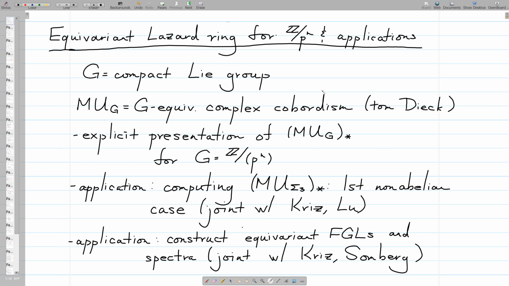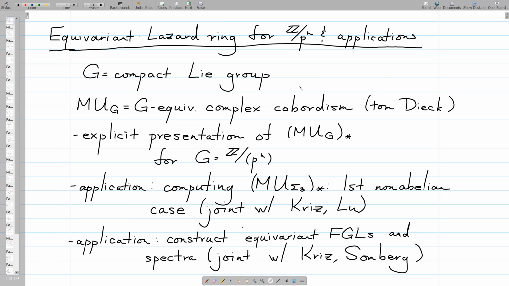I didn't write it down on the slide, but of course one of the central points of non-equivariant stable homotopy theory is that for the non-equivariant complex cobordism spectrum MU, its coefficient ring is the same as the Lazard ring, the universal ring for formal group laws.